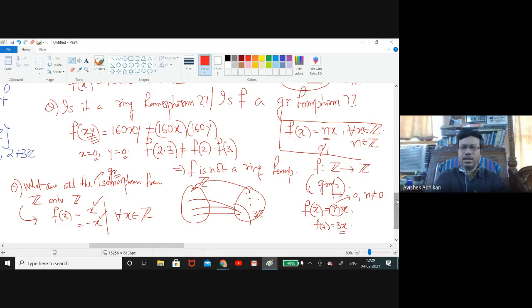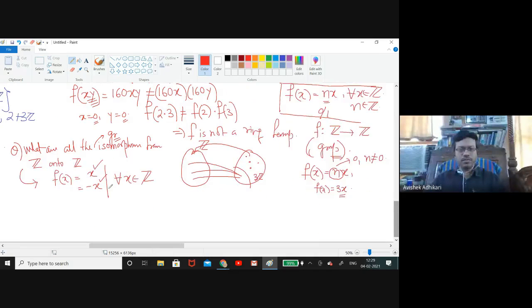And there is a term called automorphism. Have you heard about the term automorphism? Auto means same or self. It is from the same group to the same group.